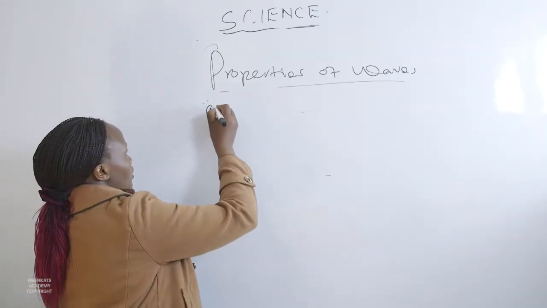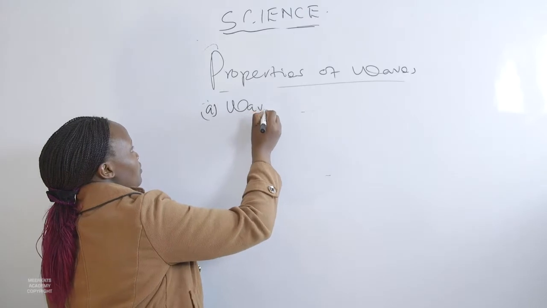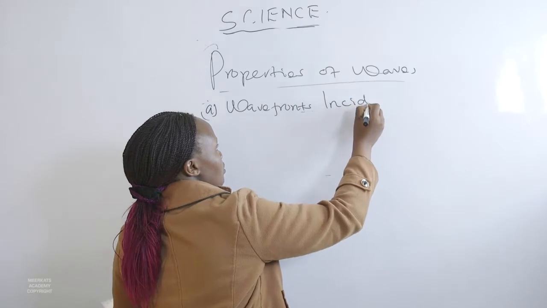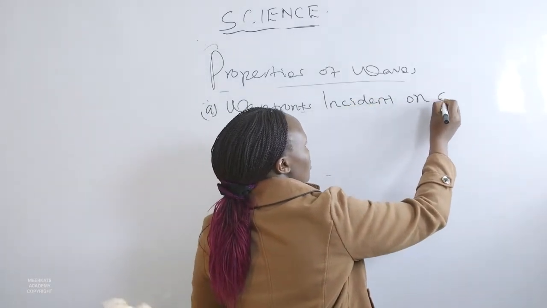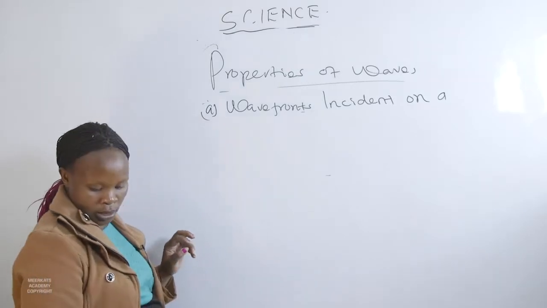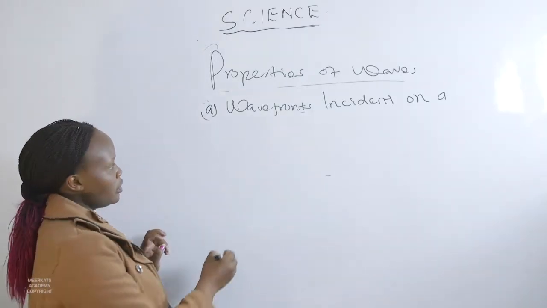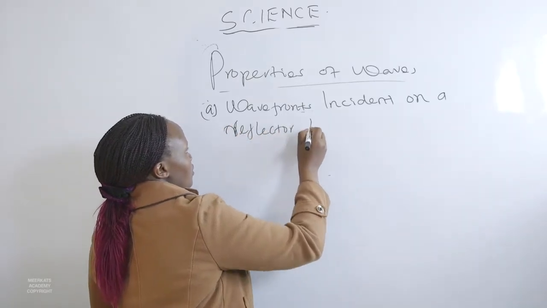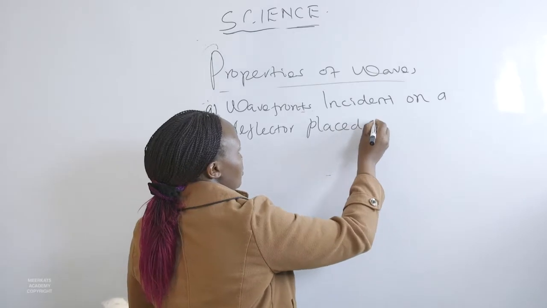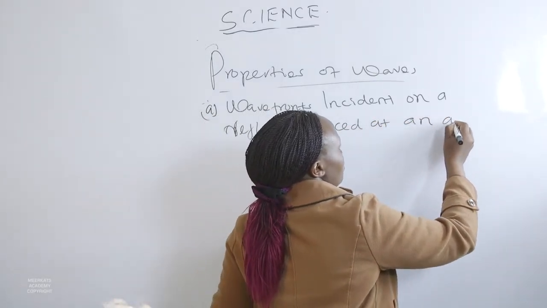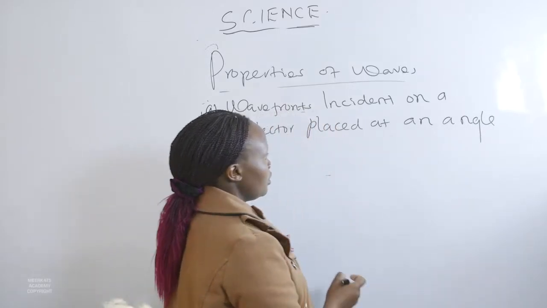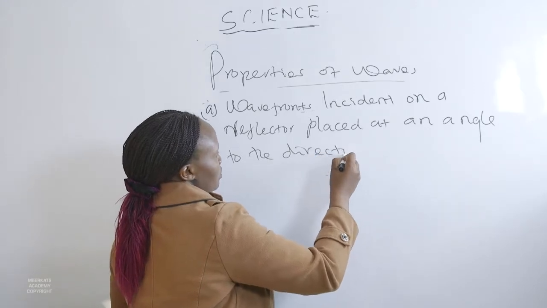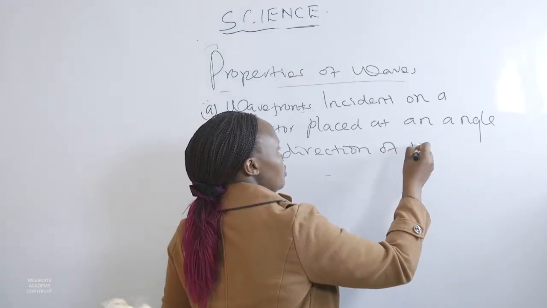Number one, we consider wave fronts incident on a reflector placed at an angle to the direction of wave motion.